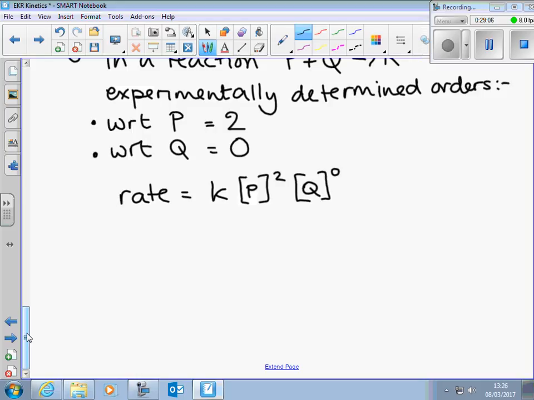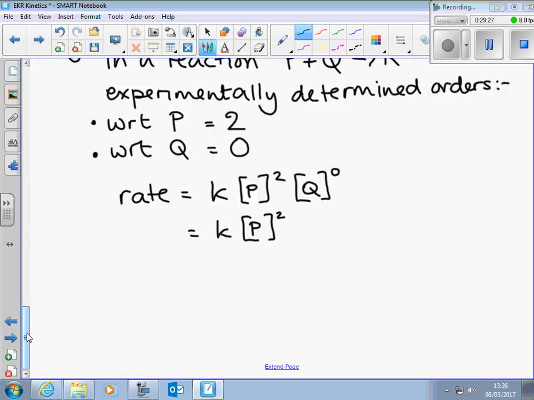But in fact, we lose that because Q in square brackets to the power 0, of course, is 1. So actually all we need to write is that for that reaction, the rate equals K times the concentration of P squared, because Q doesn't have any effect on it.